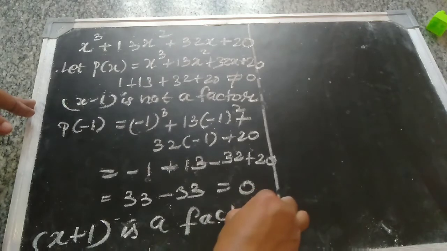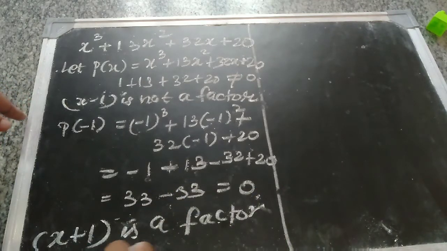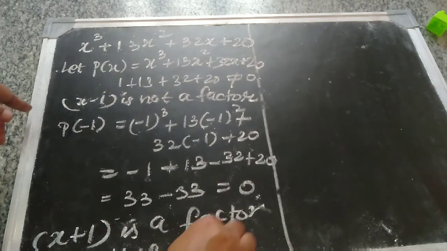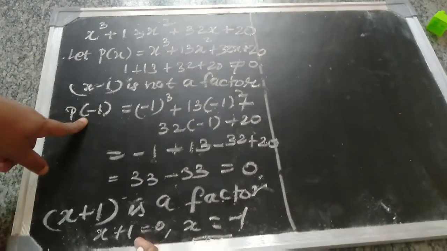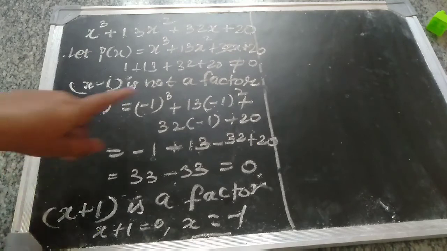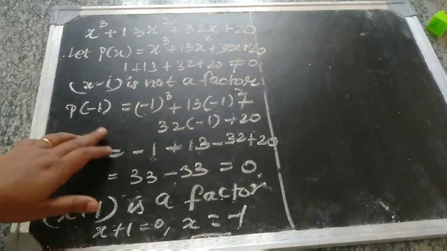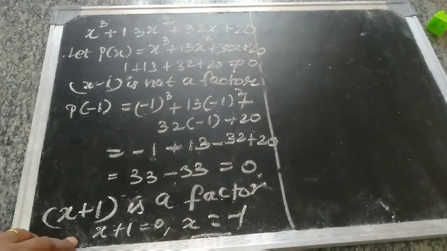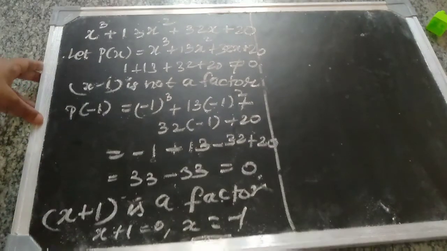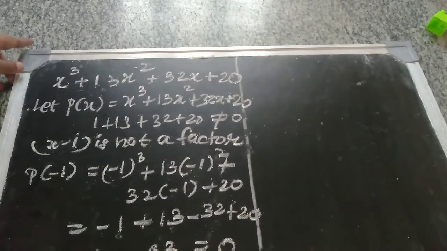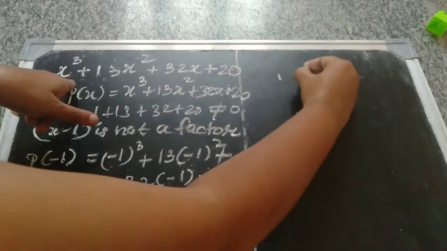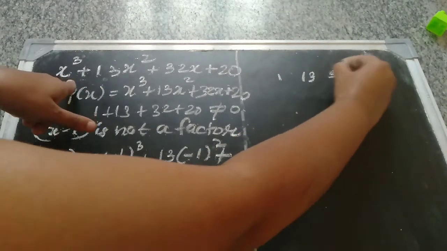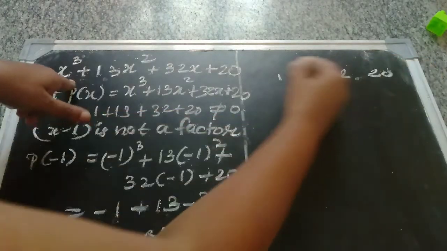If x plus 1 is a factor, then x plus 1 equal to 0, so x is equal to minus 1. You substitute minus 1 and you got 0, so x plus 1 is a factor. Okay. Now the remaining part, use the same method with 1, 13, 32, 20.